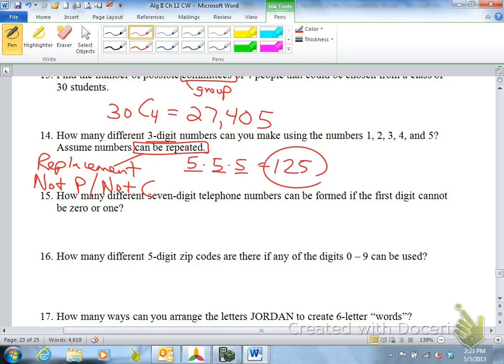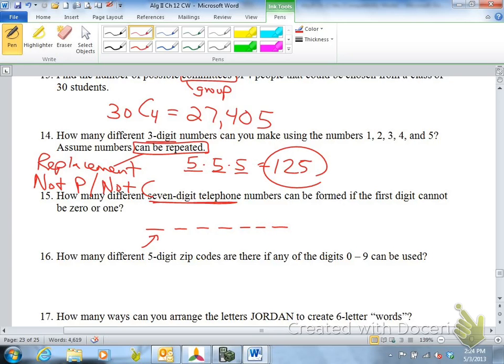How many different 3-digit numbers? How many different 7-digit telephone numbers can be formed if the first digit cannot be 0 or 1? So you have 7 digits. You can reuse numbers for a telephone number, so this is another replacement case. You're not going to use combinations or permutations. You have 7 digits, and the first cannot be 0 or 1.